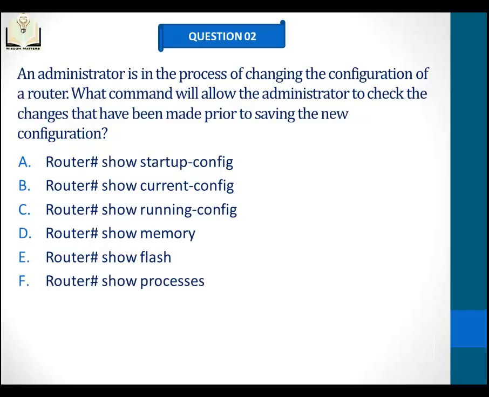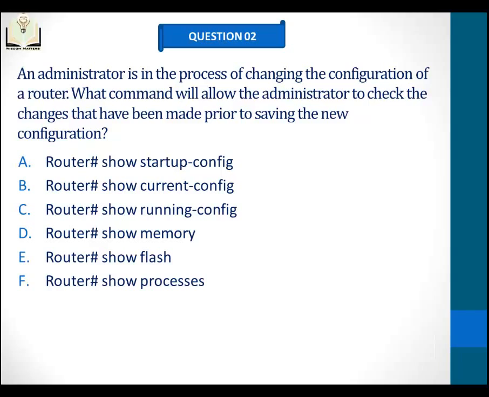Question 2. An administrator is in the process of changing the configuration of a router. What command will allow the administrator to check the changes that have been made prior to saving the new configuration? A. Show running config. B. Show current config. C. Show running config.